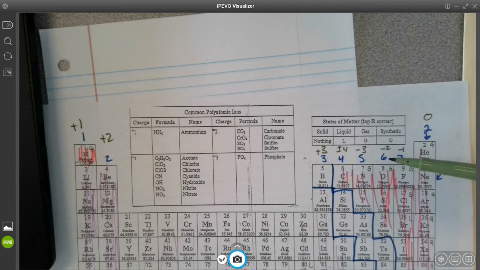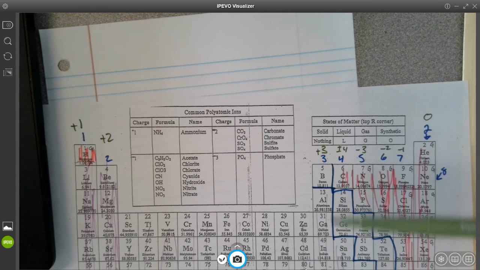Same thing with family 16. Valence electrons are 6. It's short 2. We work our way to the plus or -4. This completely determines if it's bonded with another positive or with another negative. It's completely dependent on what it's bonded with.